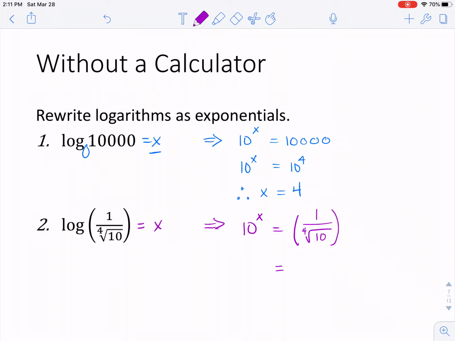So I'm going to rewrite this as 1 over 10 to the 1/4. I need to make it so it has a single base of 10, so I'm going to pull my 10 to the 1/4 to the numerator, and now it's 10 to the negative 1/4. So 10 to the x is equal to 10 to the negative 1/4. Therefore, x is equal to negative 1/4.